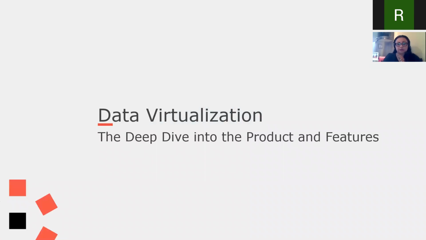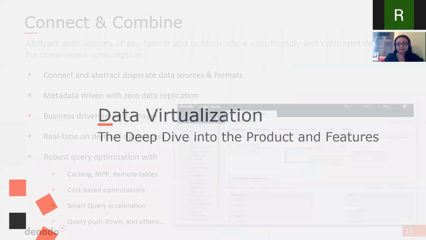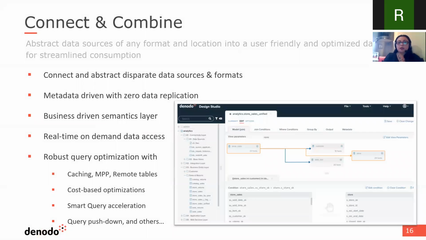Now let's look at some of the critical features, and this is where we're going to do a deep product dive. First, we are talking about connecting data and combining data into the semantics layer. We are developers, but the requirements for the data are driven by the business user. The business user wants to get access to the customer information.